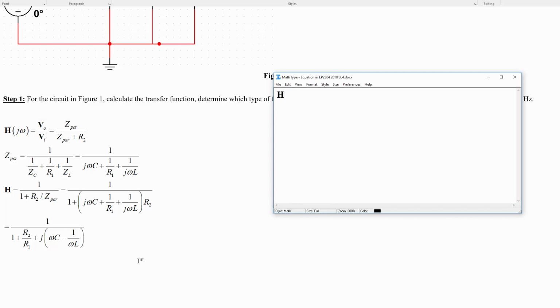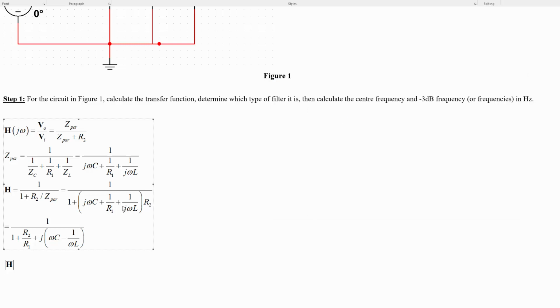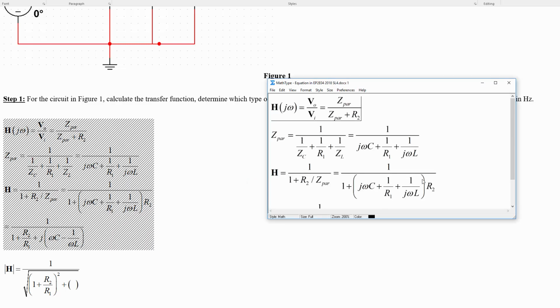So for the transfer function, we'll consider the magnitude of this, which would be 1 over the root of the real part here squared. So that'll be 1 plus R2 over R1 all squared, plus the imaginary part squared. Oh, and actually, just looking at it now, I think I dropped an R2 there.